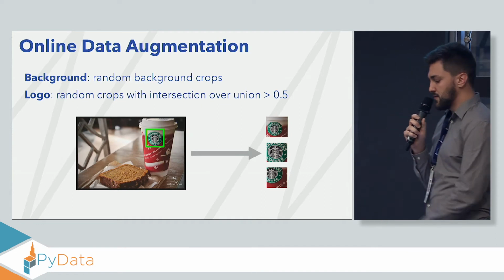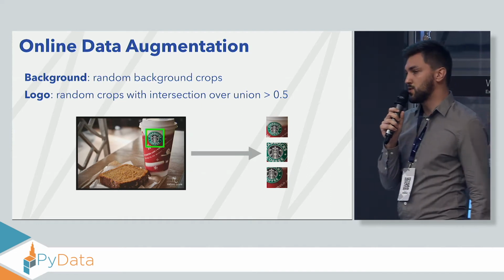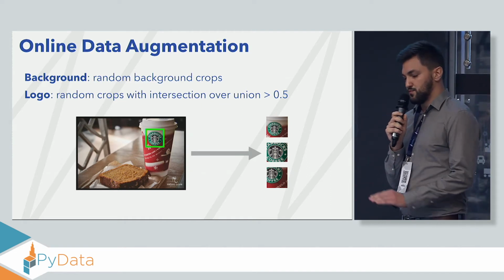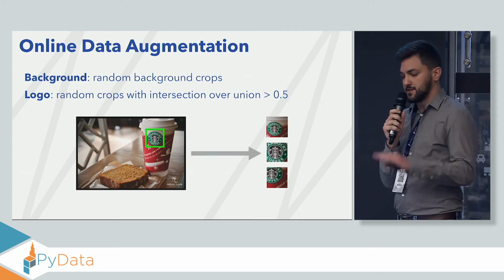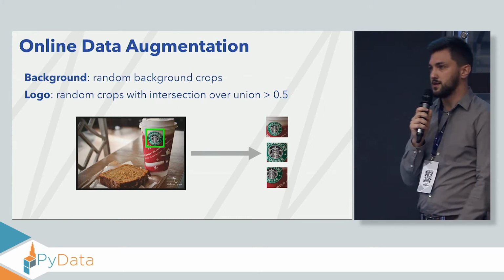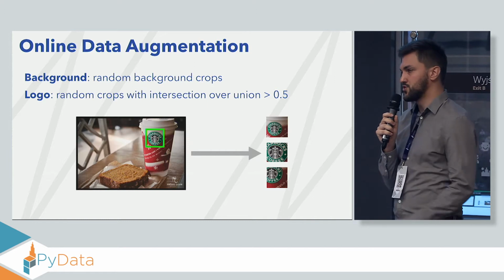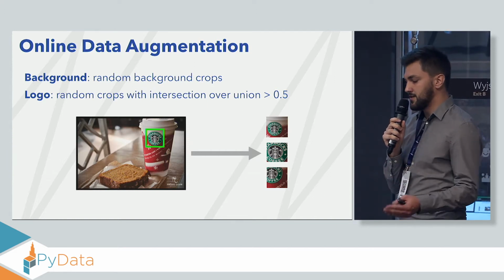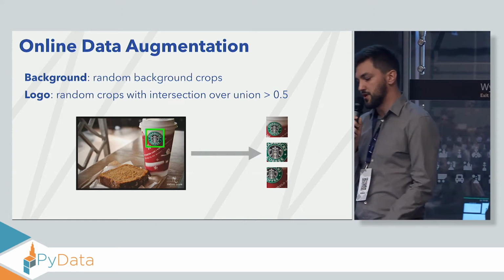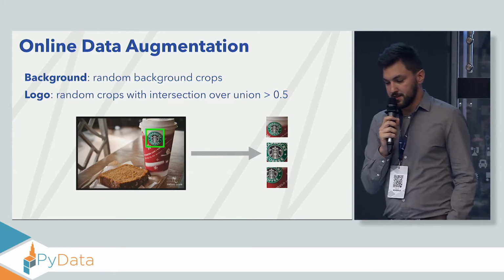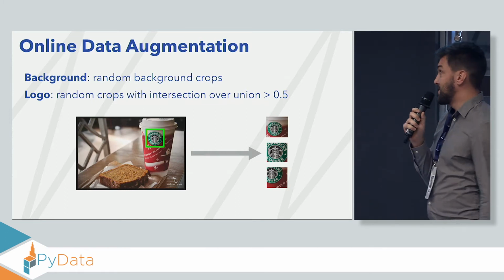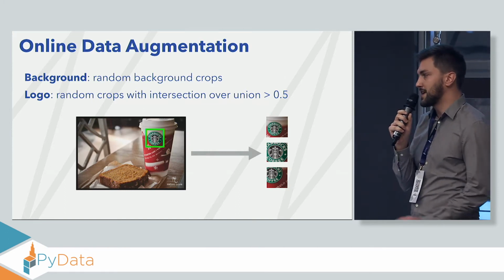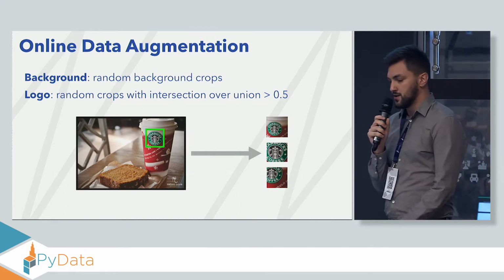And this is an example of how it works. And this is done online. We don't compute these images and store them beforehand. Just when these images are needed for another iteration of training, they are generated in Keras. It's just a simple Python generator that can do that. So thanks to that, it's very unlikely for the network to see exactly the same example more than once.